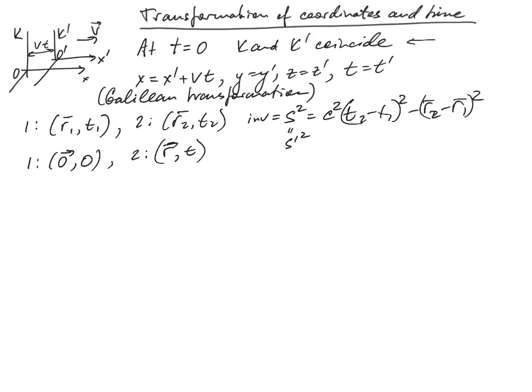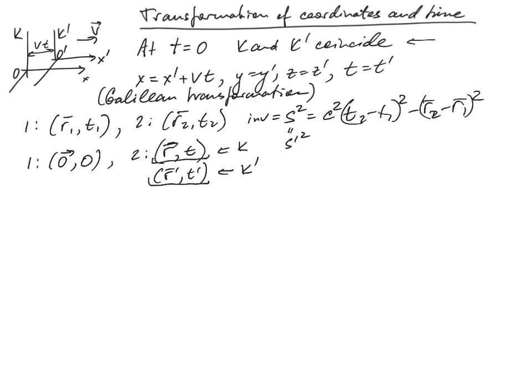In reference frame K, the coordinates are r and t, and in reference frame K prime, the coordinates of that event are r prime, t prime. This can be any event. Anything happens at some point and some time. What we want to figure out is the relation between these two sets of coordinates.